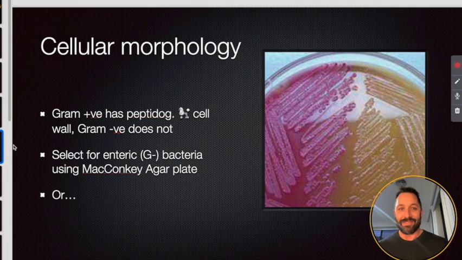Cellular morphology, first of all. Gram positive means that there's peptidoglycan in the bacterial cell wall. If it's gram negative, then it doesn't have that peptidoglycan that can be stained.